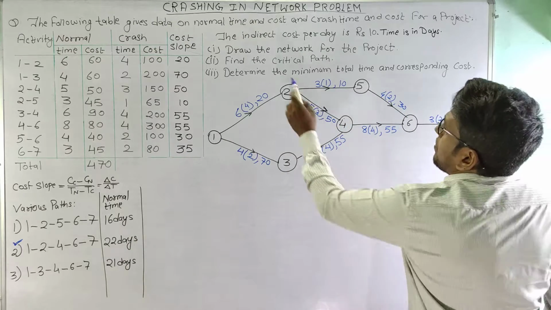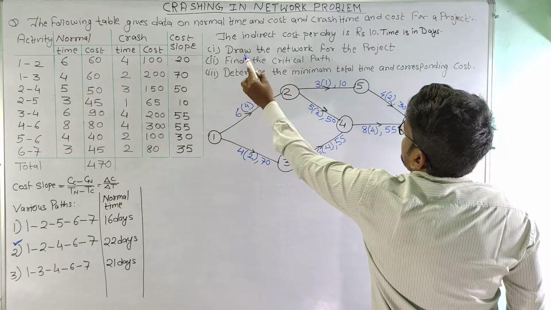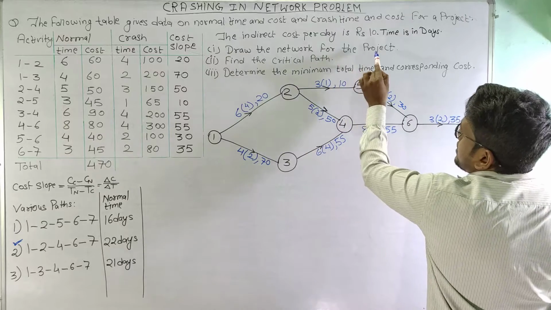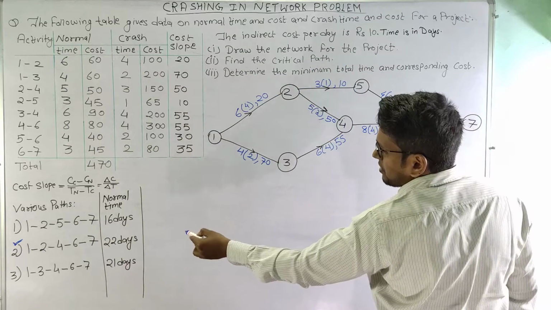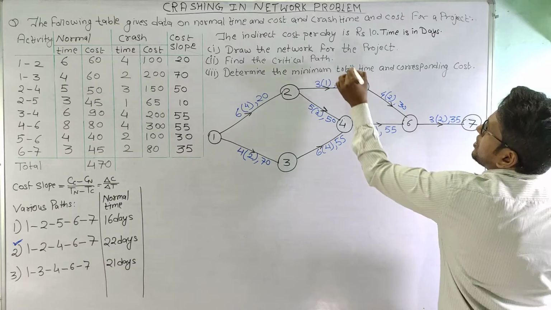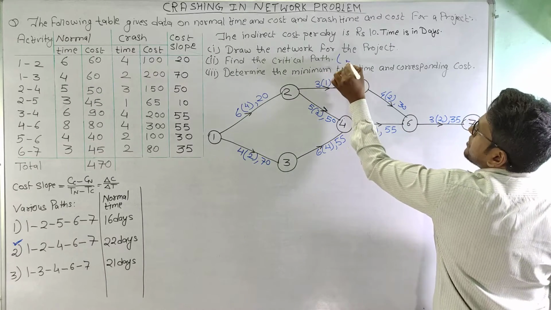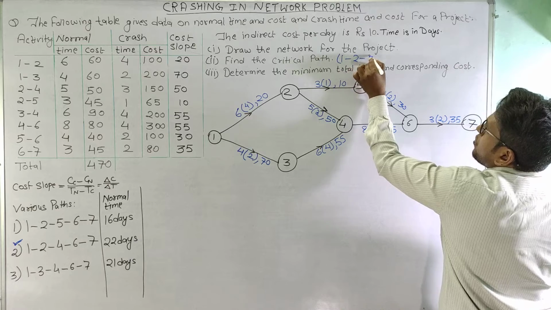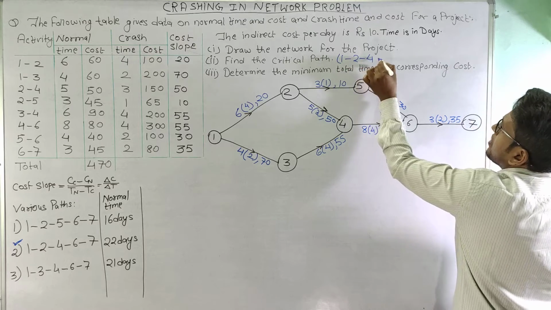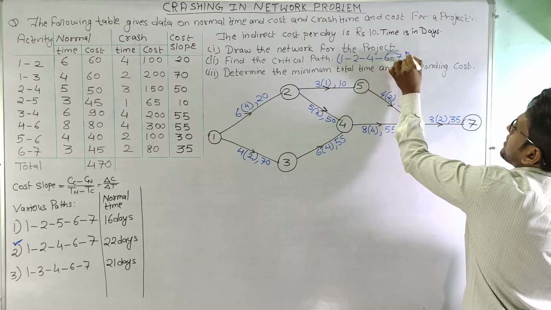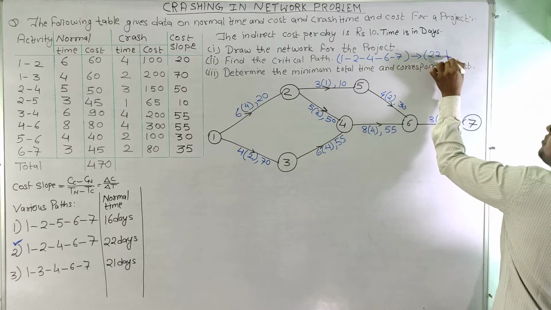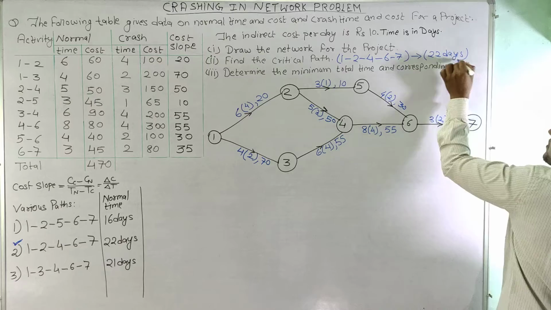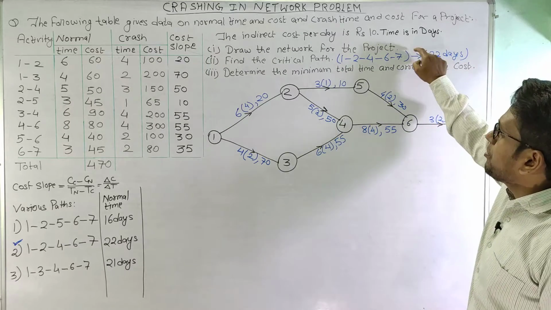Now the first part we have solved, that we have drawn the network for the project and found the critical path. For the given network, the critical path is 22 days. So we will write here the critical path, which is 1, 2, 4, 6 and 7, which constitutes 22 days.